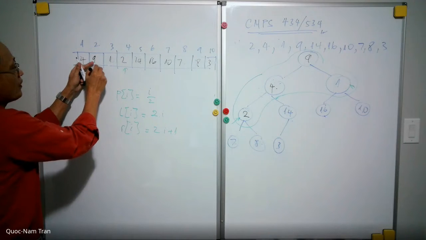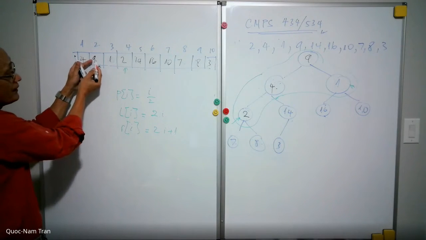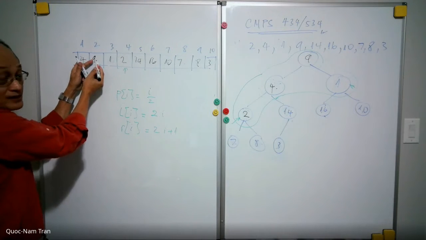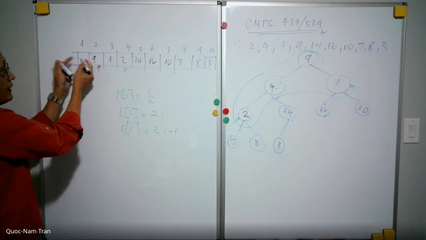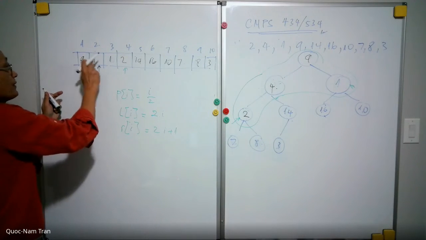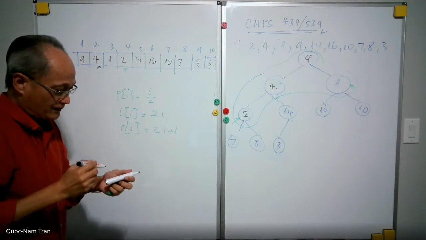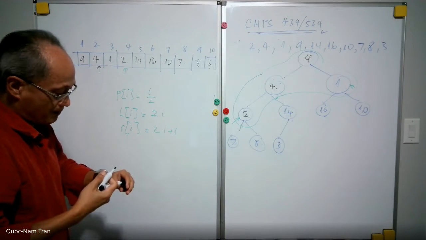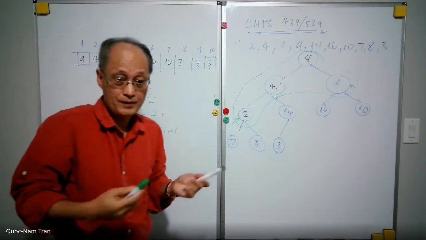And now after we swap, we have to continue because this position is not the root yet. So we have to compare with its parent, which is 4. And because it's bigger, so we swap. So we have 9, 4, right? Okay, so that is the idea of the algorithm here for building a heap.